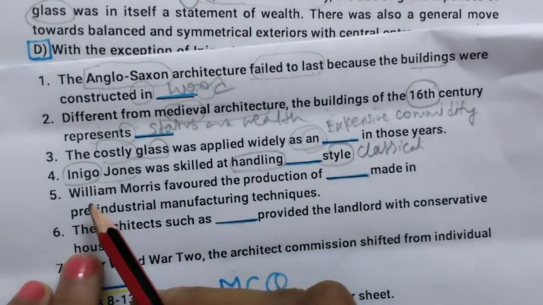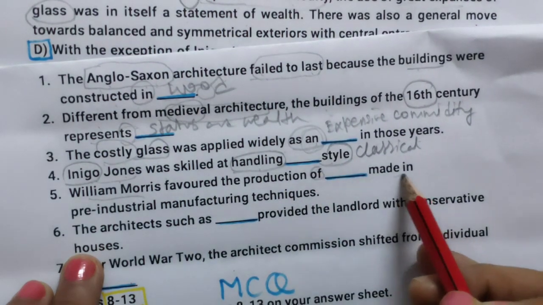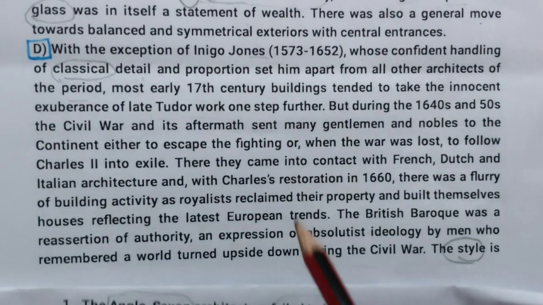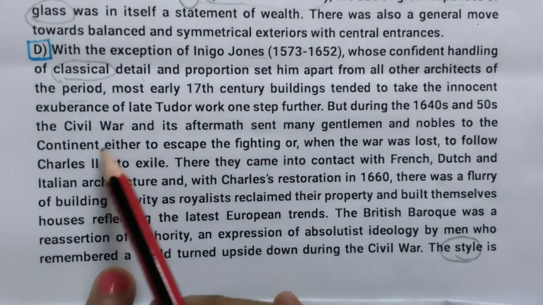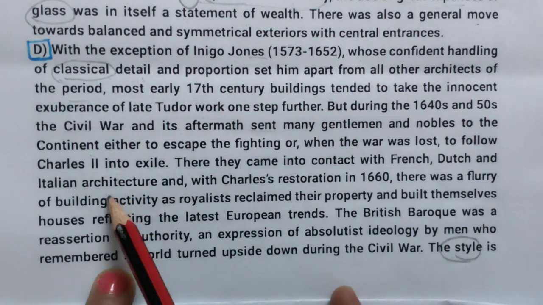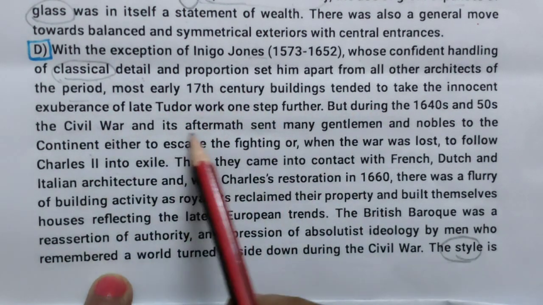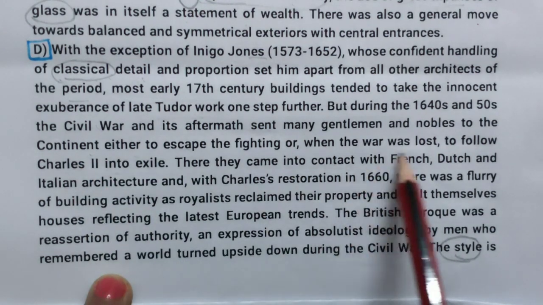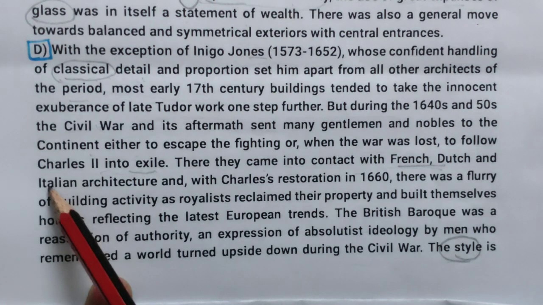Okay, next, William Morris favored the production of made in. Okay, now William Morris. Okay, so I was in a hurry that time. William Morris. Okay, nobles follow the French, Dutch and Italian.